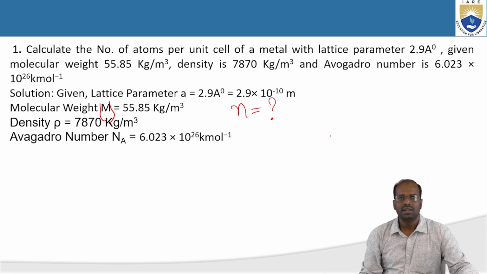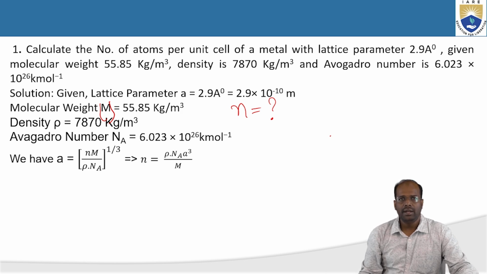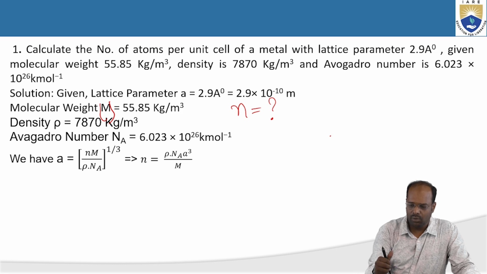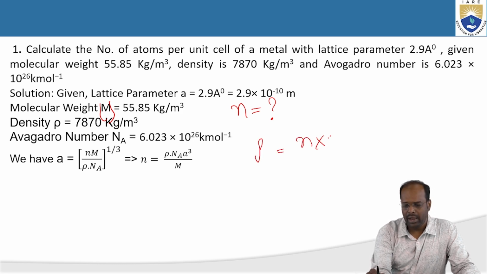So what are they asking? To calculate the number of atoms. Then what is the formula? Rho is equal to N into M by N_A into volume. Volume is a cube. So this is the formula.